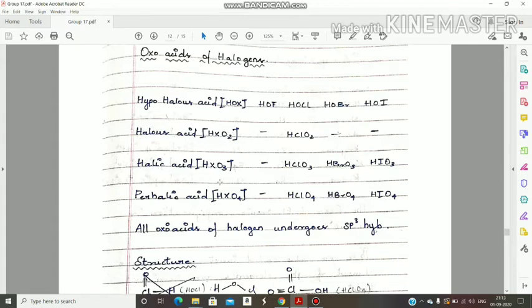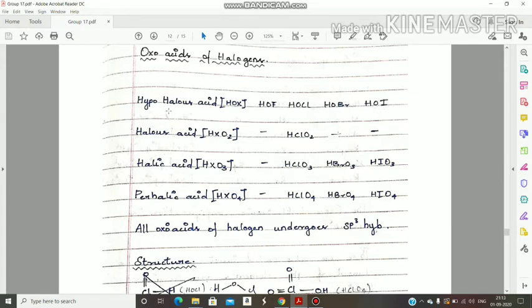Next, halic acid, represented by HXO3. Perhalic acid, represented by HXO4. For example, HOF, hypofluorous acid, HOCl, hypochlorous acid, HOBr, hypobromous acid, HOI, hypoiodous acid.